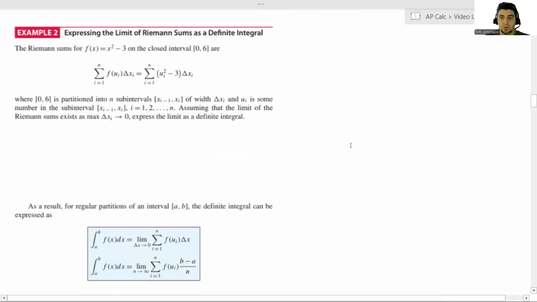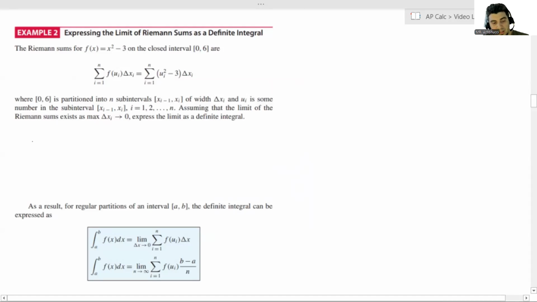Okay, so first couple things we want to do with this are just learn how to switch between notations. So we're going to express this limit as a definite integral.